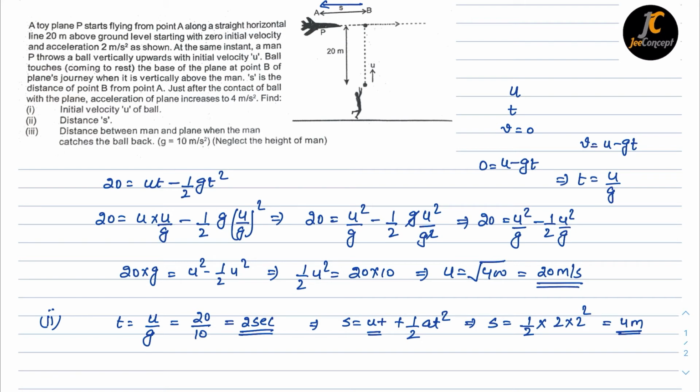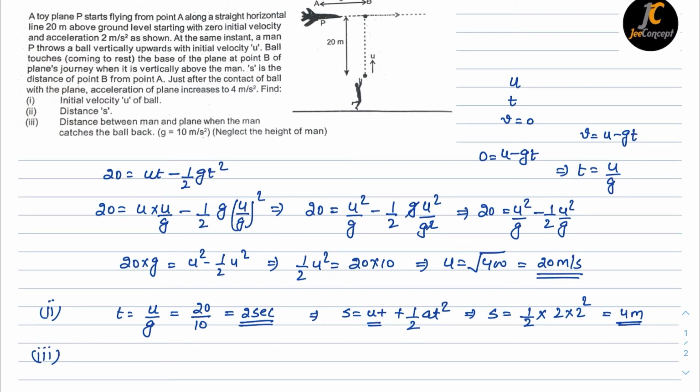Now for the third part, we have to calculate the distance between the man and the plane when the man catches the ball back. So from the second part, we know that the time to reach the ball at maximum point was 2 seconds. So in the same time, the ball will get back to his hand again, right? First of all, we will calculate in those 2 seconds how much distance will be covered by the plane with an acceleration of 4 meter per second square.